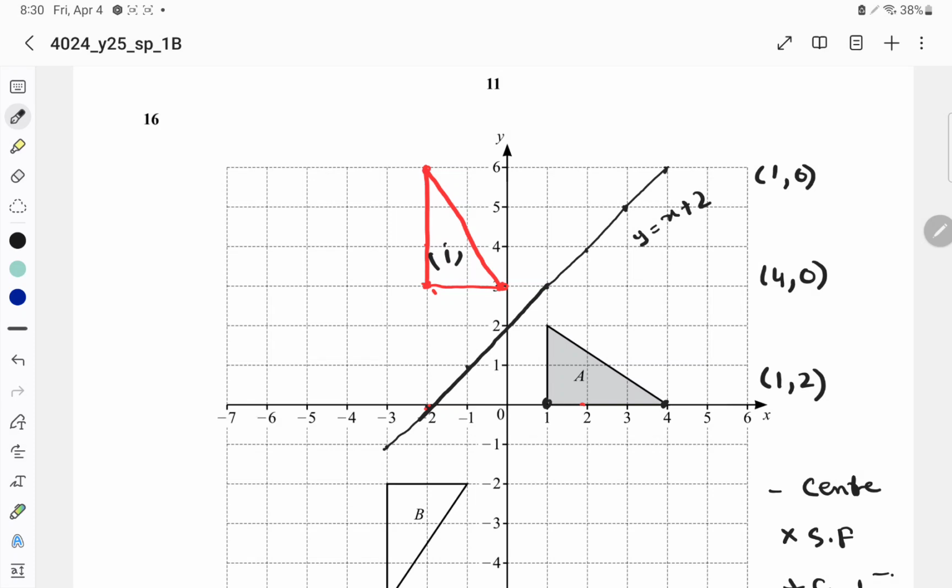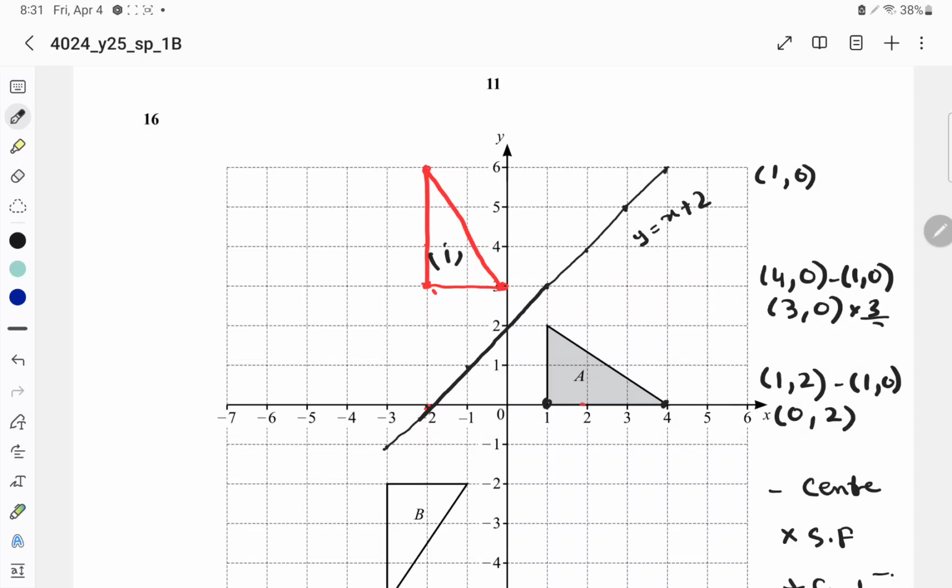Now for 4, 0, I'm subtracting the center 1, 0 from both of them. 4 minus 1 is 3 and 0 minus 0 is 0. 1 minus 1 is 0 and 2 minus 0 is 2. X with x and y with y I'm going to subtract.